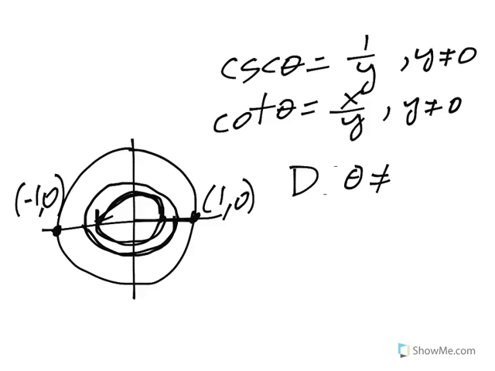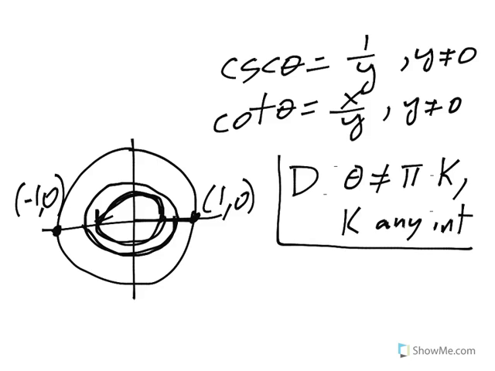So basically, the angle cannot be any integer multiple of pi. Anything else is fine, but it cannot be an integer multiple of pi. So that's the domain for either one of these functions.